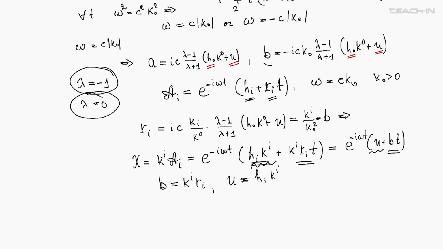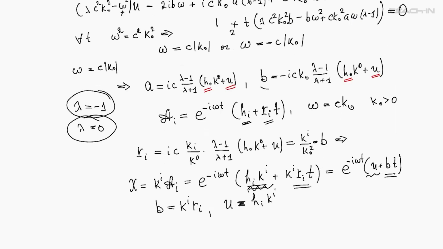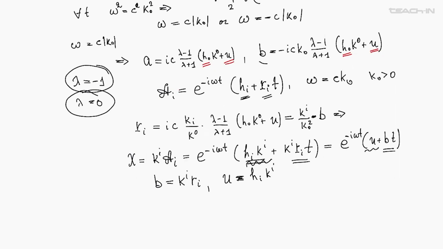So nicely, when we come back to the variables A and B, so what's A and B? You see, A is ic (λ-1)/(λ+1) h0 k0. I'm looking at this expression here. Let's make it in green.